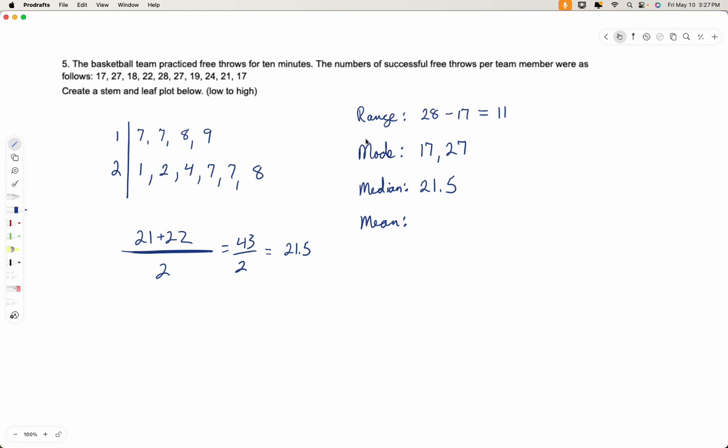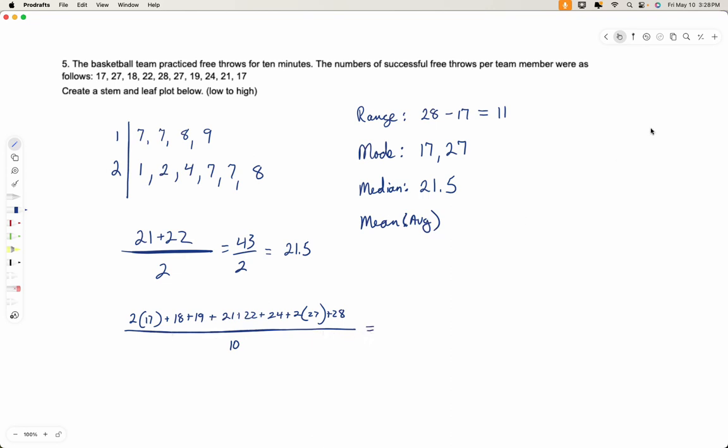And finally, it wanted the mean. I think it wanted the mean up here somewhere. But your mean, that's just another word for average. So we add up all the numbers and then we divide by the quantity of numbers. So we've got 17 twice. So 2 times 17 plus 18 plus 19 plus 21 plus 22 plus 24 plus 2 times 27 plus 28. And there's 10 numbers.